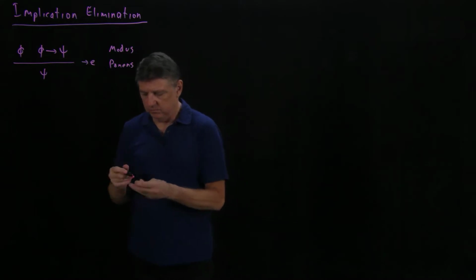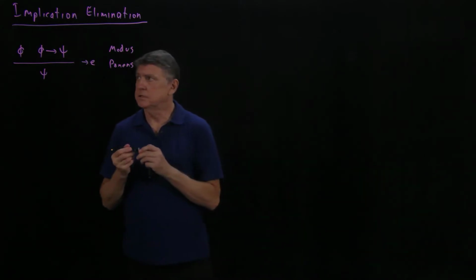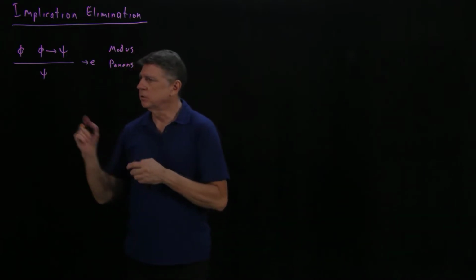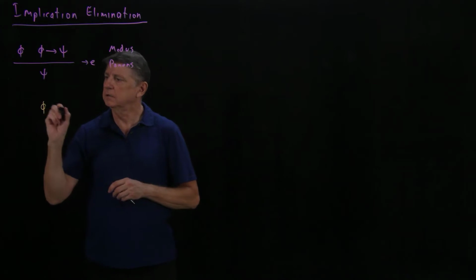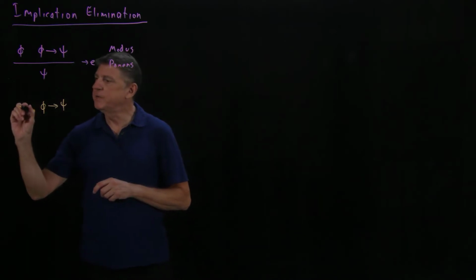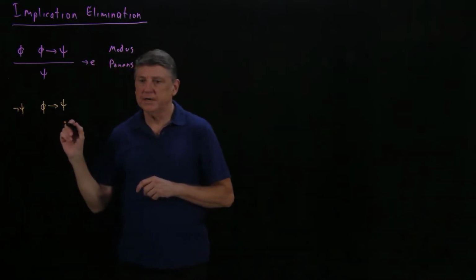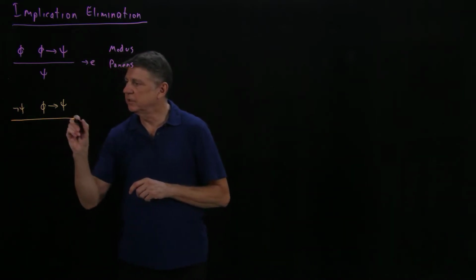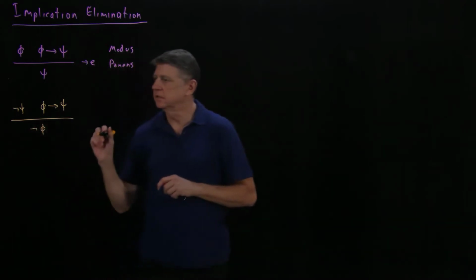A related rule is Modus Tollens. And in Modus Tollens, if we see a formula, phi, that implies a formula psi, and if we see the negation of the consequent on its own line, we can conclude the negation of the antecedent.